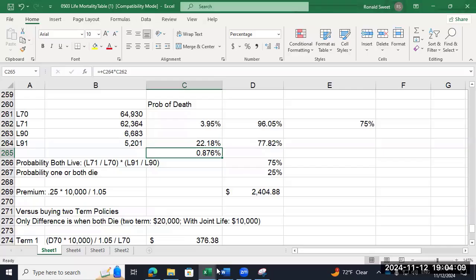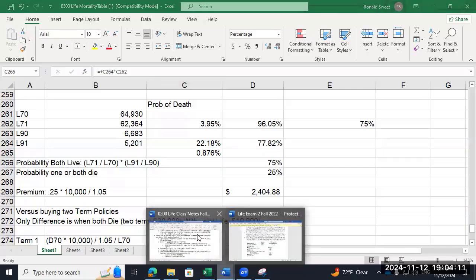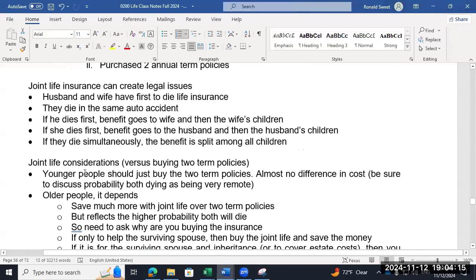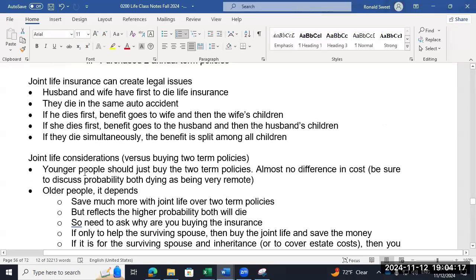All right, so we'll do a little bit more work on that. Joint life does have some issues. If it's a first-to-die policy and they have children from different marriages, it can get pretty material, because whoever dies first, the survivor gets the life insurance. So let's say they're in a car accident and they both die.